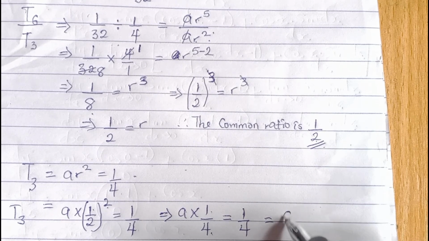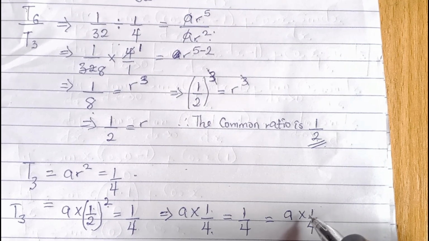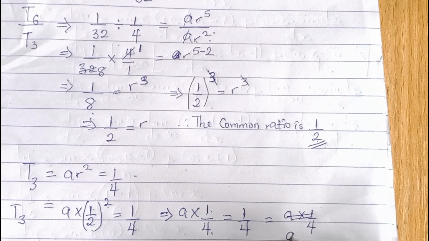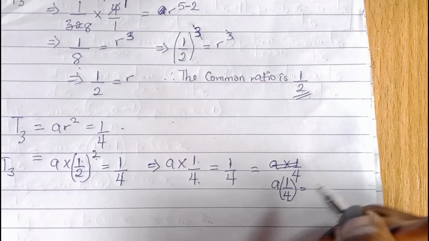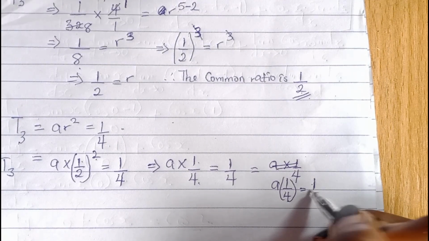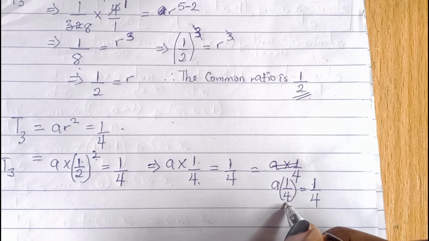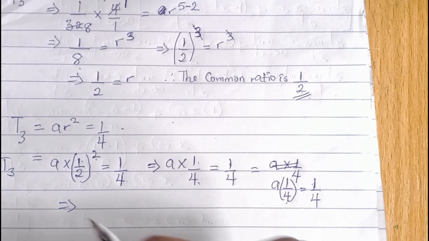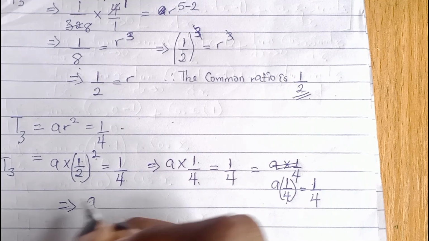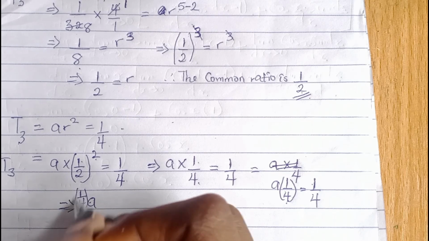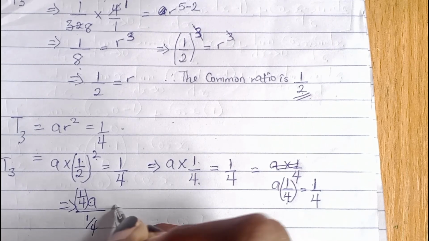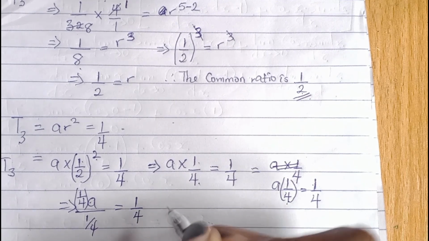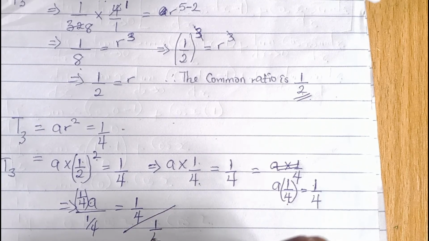So we divide both sides, as I said earlier: 1/4 divided by 1/4 equals 1/4 divided by 1/4.